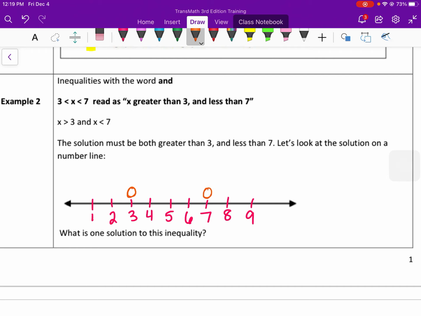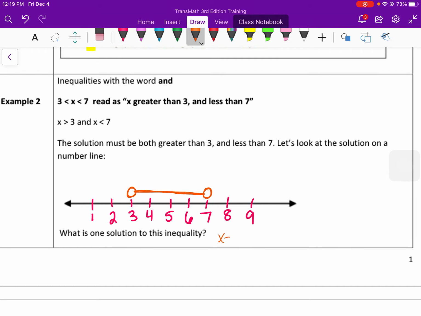And then it is less than 7, so I put an open circle at 7. Numbers that are greater than 3 but less than 7 means that it is between 3 and 7. So I connect the two dots for the and compound inequality, so that all of these numbers between 3 and 7 would be solutions to this inequality.